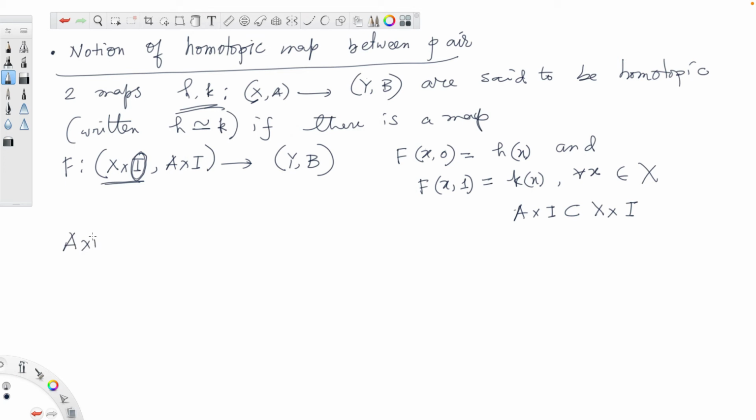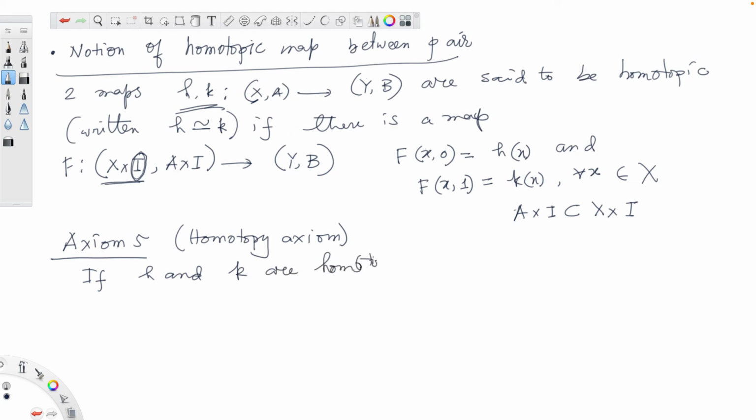Now, axiom 5, which is known as the homotopy axiom, tells us that if h and k are homotopic, then their induced group homomorphisms in all dimensions will agree with each other for all p.